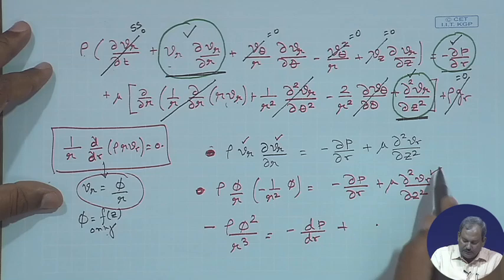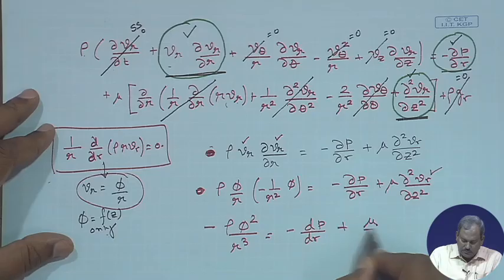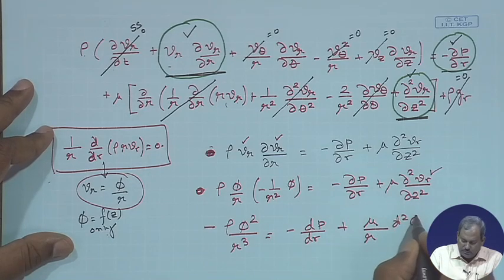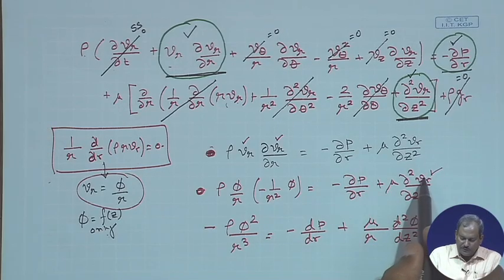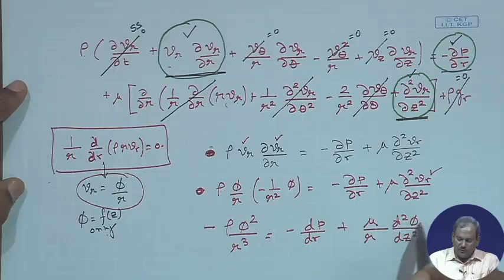If I substitute this in here, my governing equation would simply be, substituting V r in here, you would obtain d2 phi by dz square, and since phi is a function of z only, I can drop the partial sign.